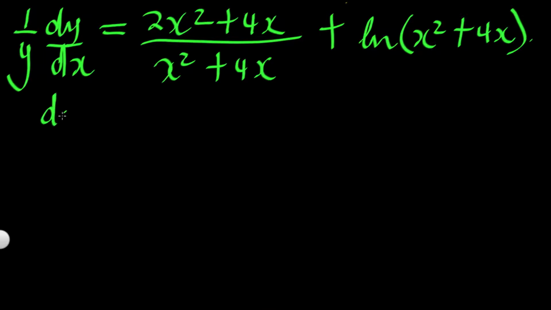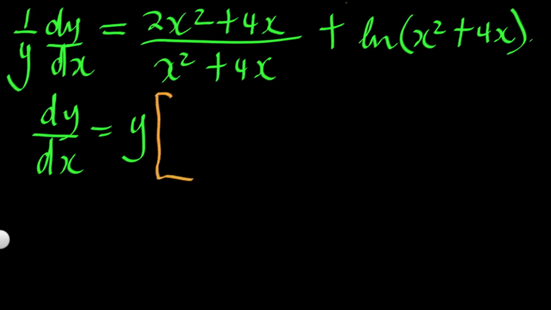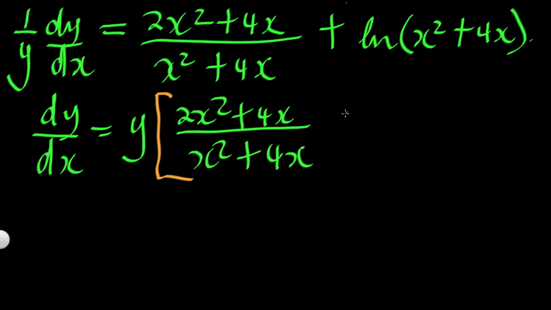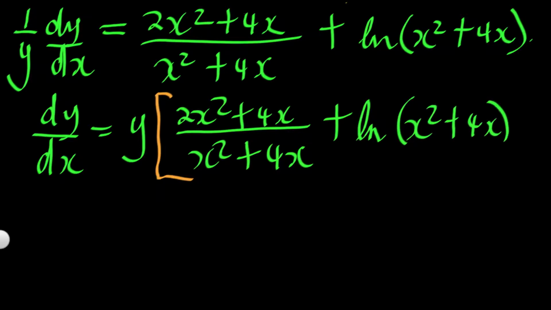So dy dx is equal to y. I'm going to put a bracket here. Then we have 2x squared plus 4x over x squared plus 4x, plus the natural logarithm of x squared plus 4x.